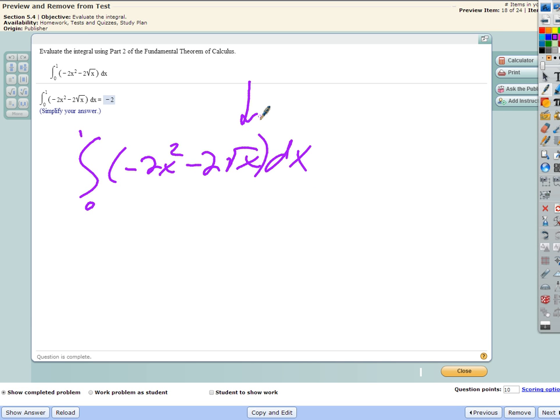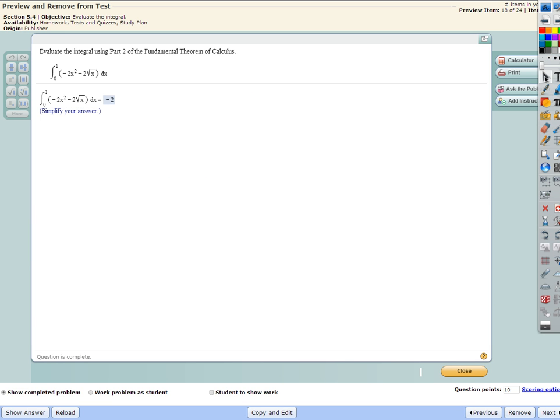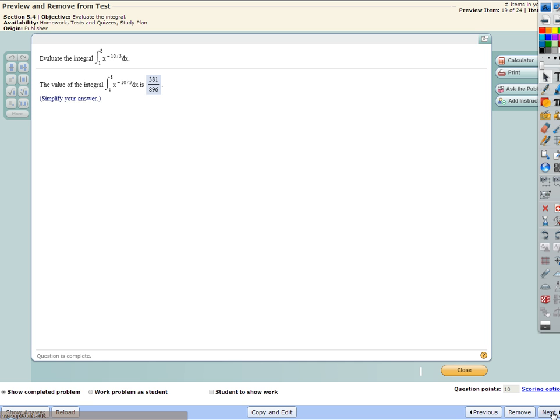How do I deal with that? It's x to the 1/2 power, right? We good with that?